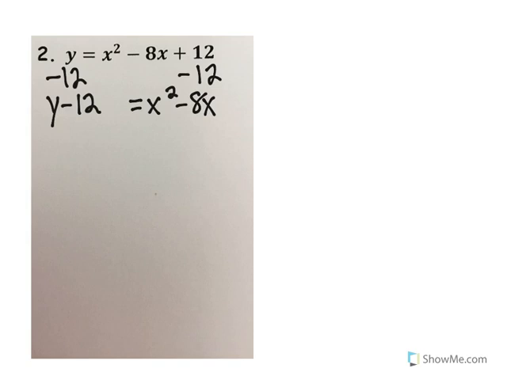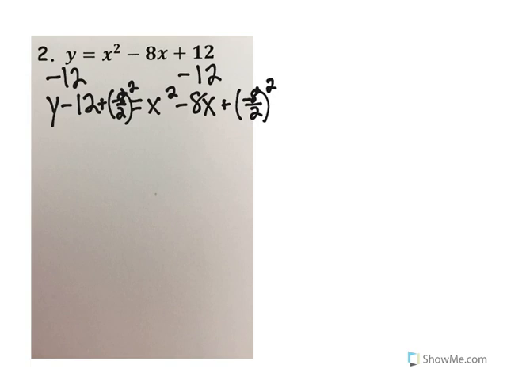Okay, what is b divided by 2 squared? Negative 8 over 2. Okay, add that to both sides. Negative 8 over 2 squared.